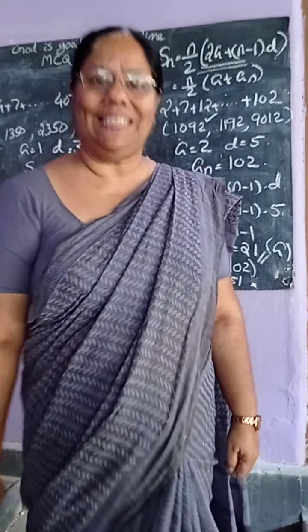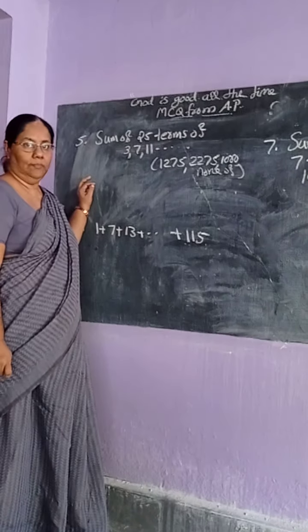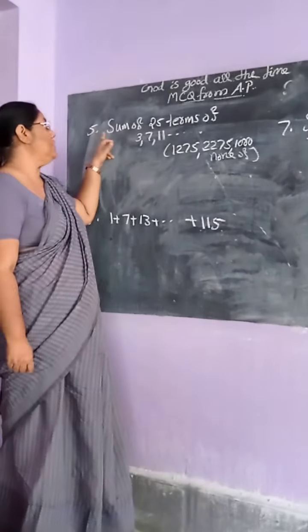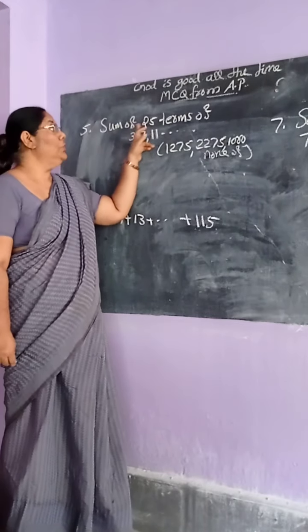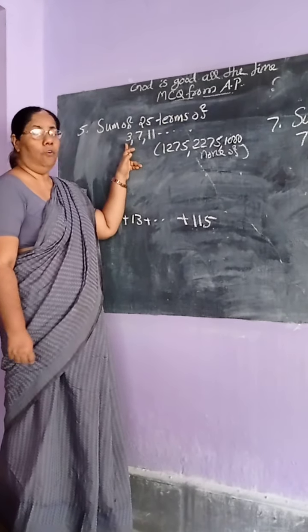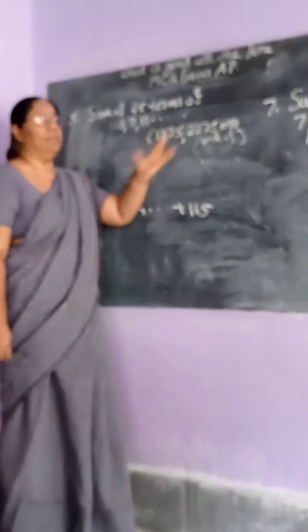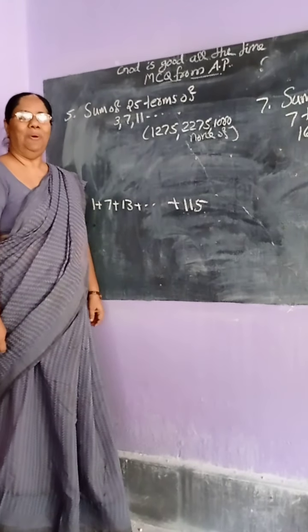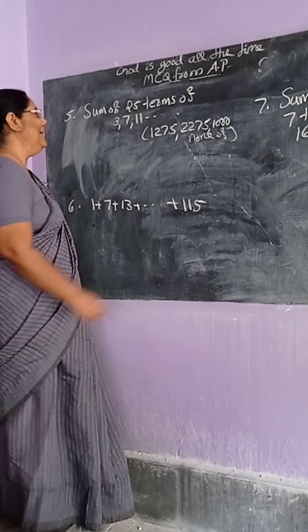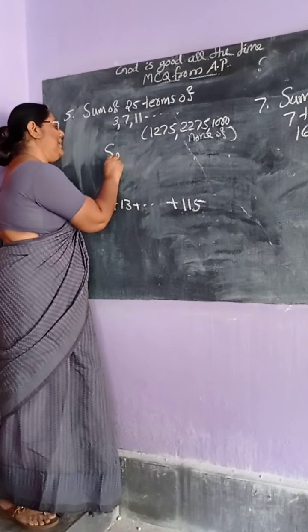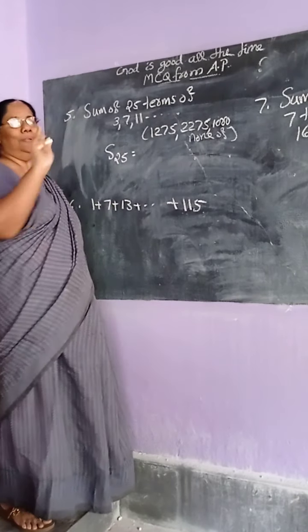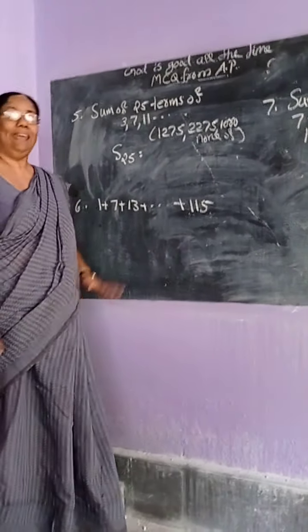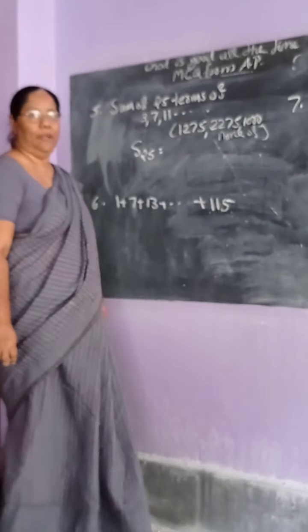Correct option is A. I'll write the fifth question: sum of 25 terms of 3, 7, 11, etc. Sum of 25 terms means directly the question is S25.